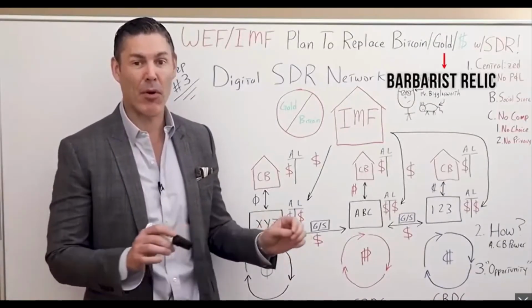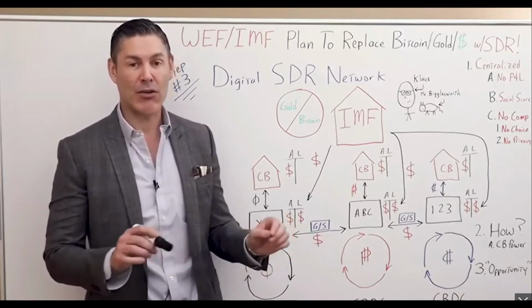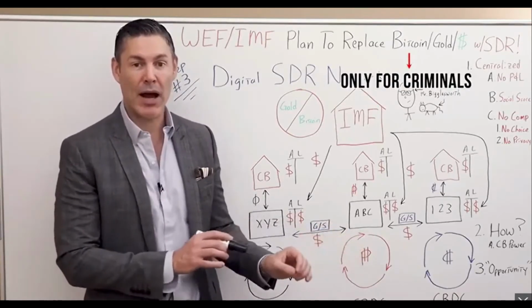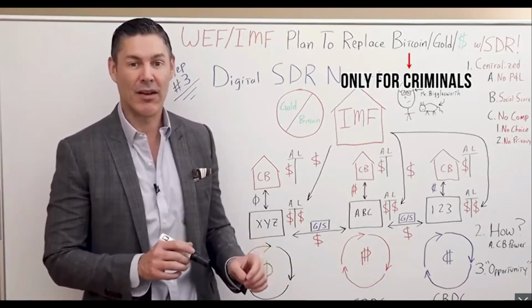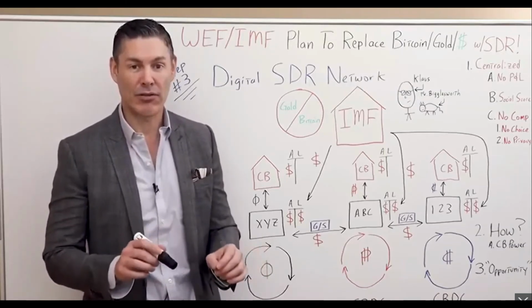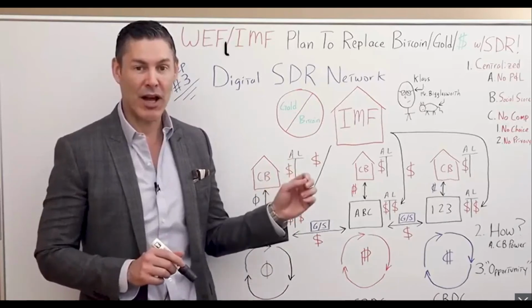They're going to make gold out to be a barbarous relic that cannot be used, and Bitcoin or any cryptocurrency as something that is only used by villains, criminals, drug dealers, terrorists, and therefore it is unfit for public use. The only option is going to be a centralized approach.